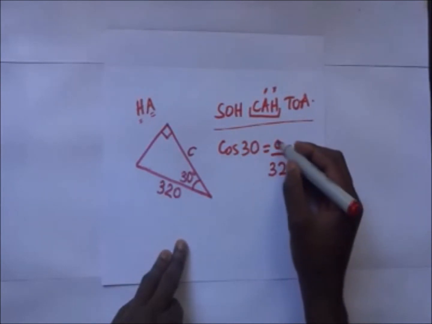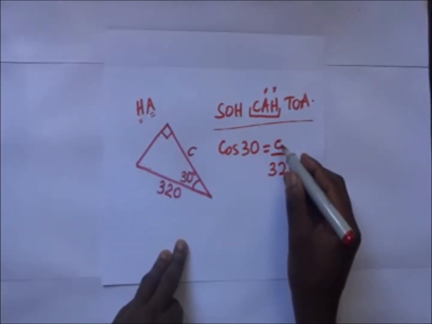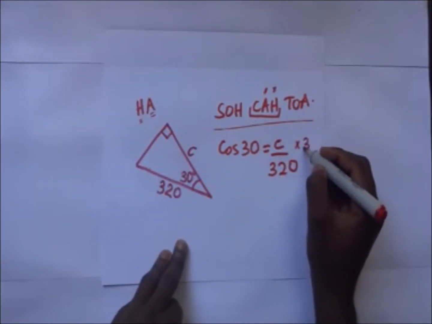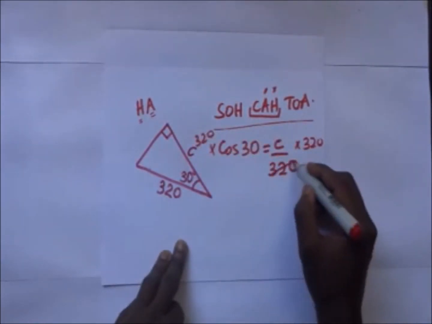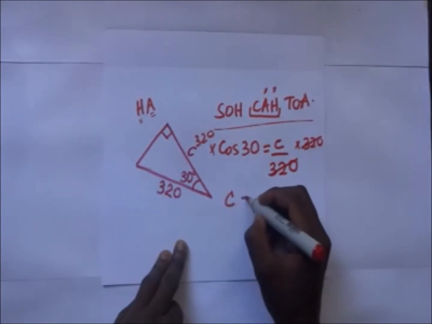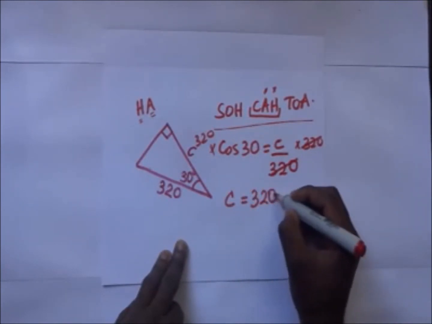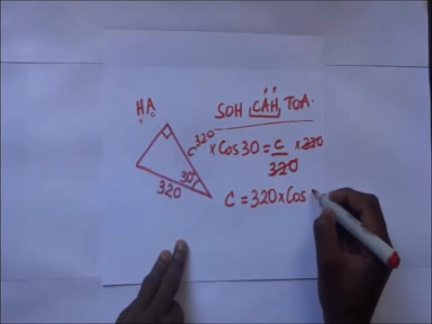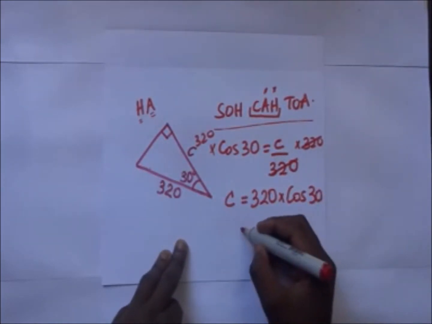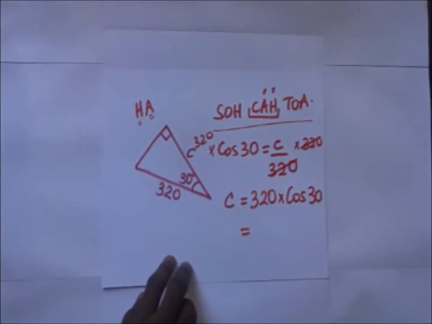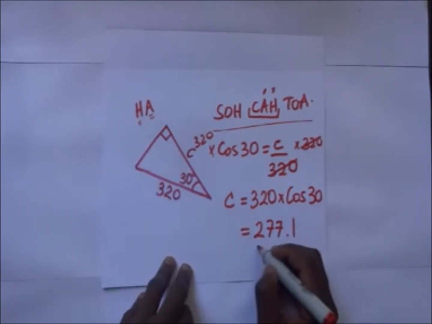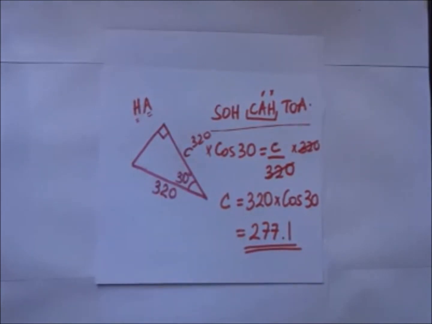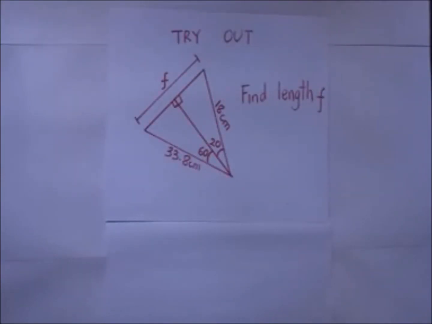Making C the subject of the formula by multiplying 320 on both sides, C is equal to 320 times the cosine of 30. So 320 times the cosine of 30 gives us 277.1. That's our answer. Right there is a number for you to try out.